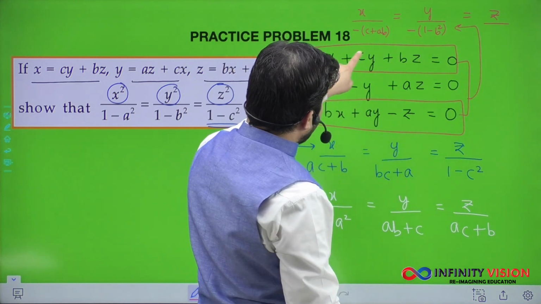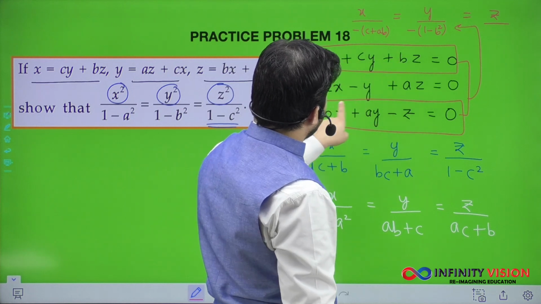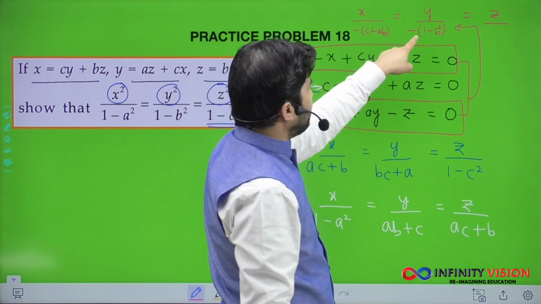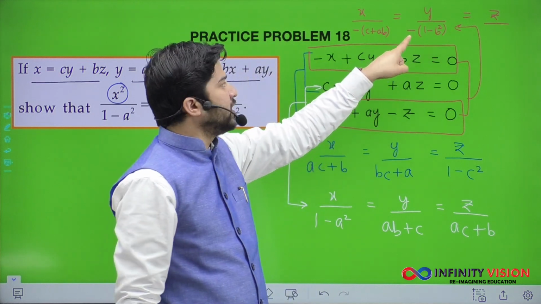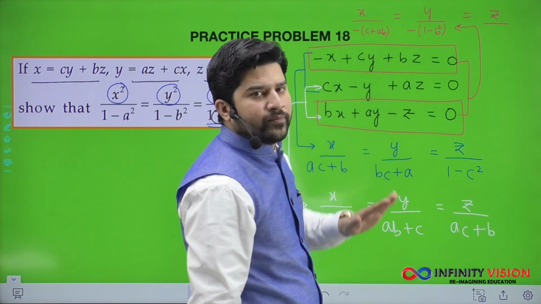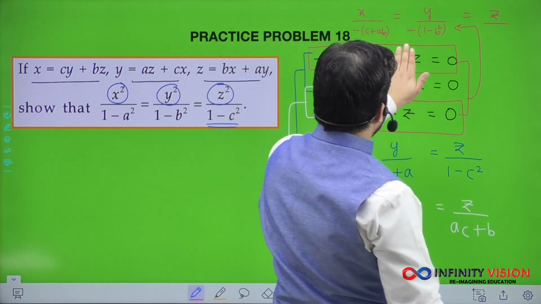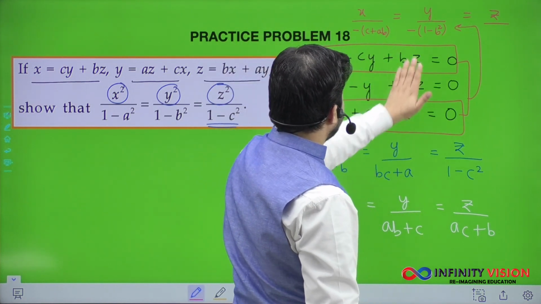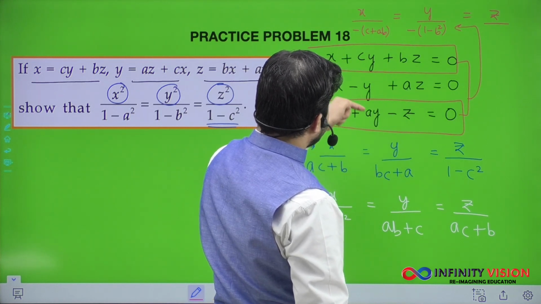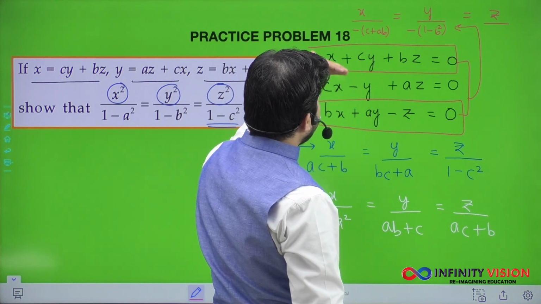If you notice, we got b into b, that is b square minus 1. So instead of writing b square minus 1, I wrote minus of 1 minus b square just to handle the negative sign. And for the last z, I'm just going to hide these two. Minus 1 would go with a, that is minus a, and then minus bc.